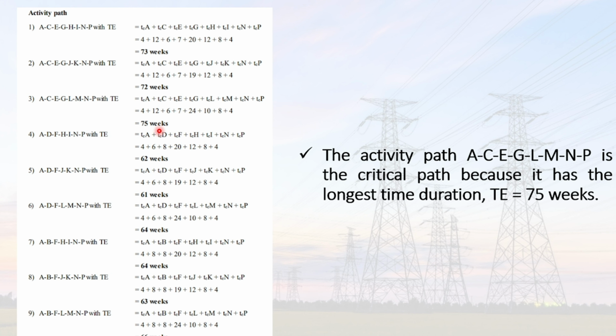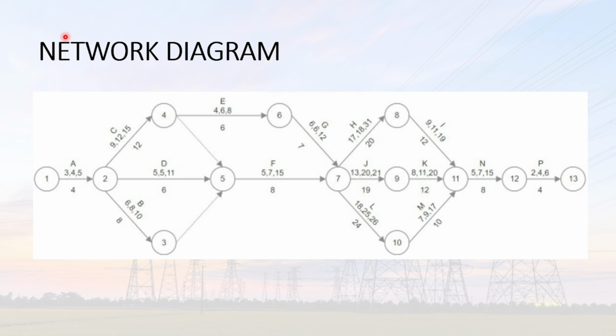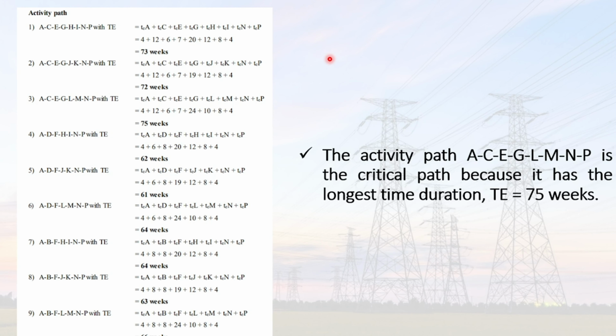So how can we get the activity path? Actually, for the activity path we just refer back to our network diagram, for example A, C, E, G, H, I, and P. From the network diagram, as we can see, there are 9 activity paths.